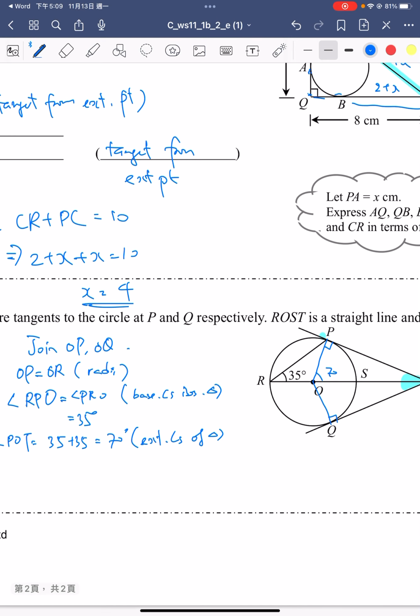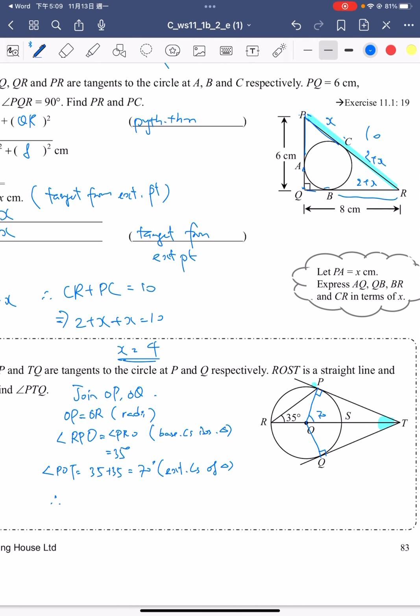Then using the angle sum of a triangle, the angle PTO is equal to 180 minus 90 minus 70, giving you 20 degrees. And then we say that the angle OTQ is equal to the angle PTO by using the tangent from the external point.